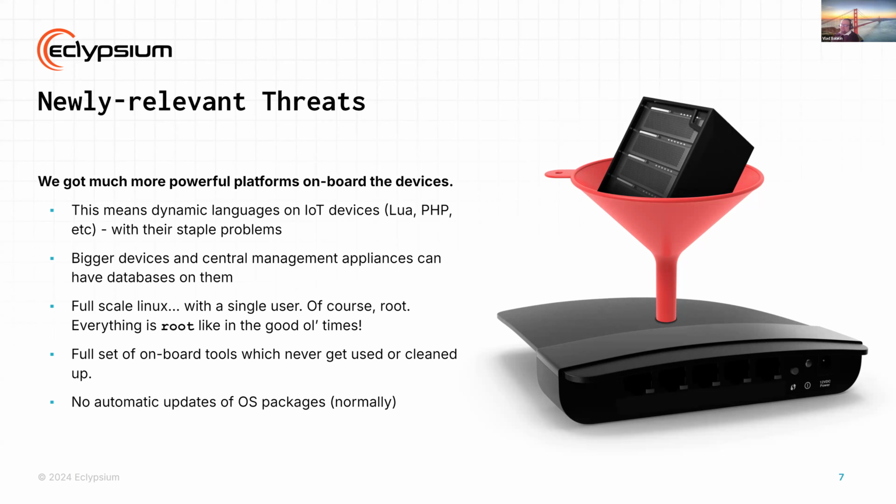So the Linux on the device might arrive with attacker tooling, like it might get wget, it might get curl, it might get netcat. So the attacker gets pretty much free real estate there. And of course, there are normally no automatic OS updates for packages, for the operating system, for anything. I have yet to find a device which actually updates like this, but I will not claim that it is every device because your mileage will vary greatly from device to device.